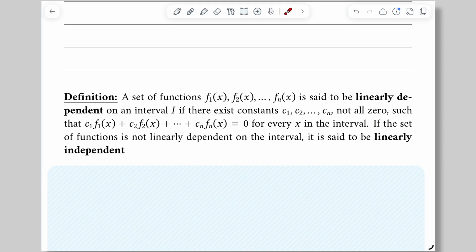And then by contrast, if the set is not linearly dependent, then we say that it's linearly independent. And again, we're going to be more interested in the second case.